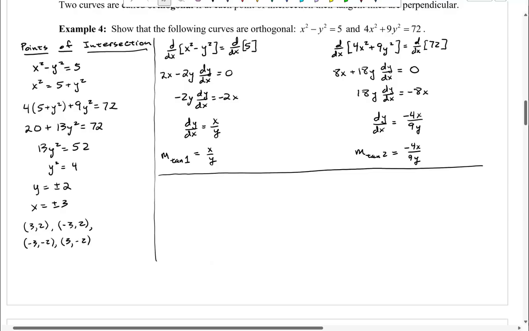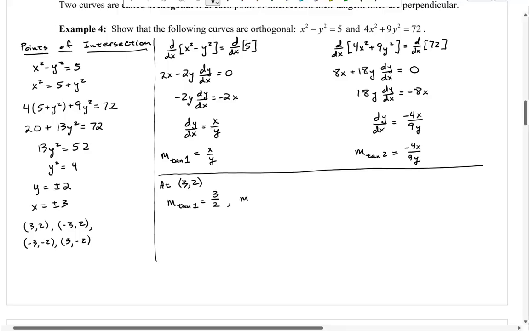The last step here is to plug in each of our points and see what the slopes are for each curve. So for example, at 3, 2, the slope of tan 1 is simply the x value, which is 3, over the y value.